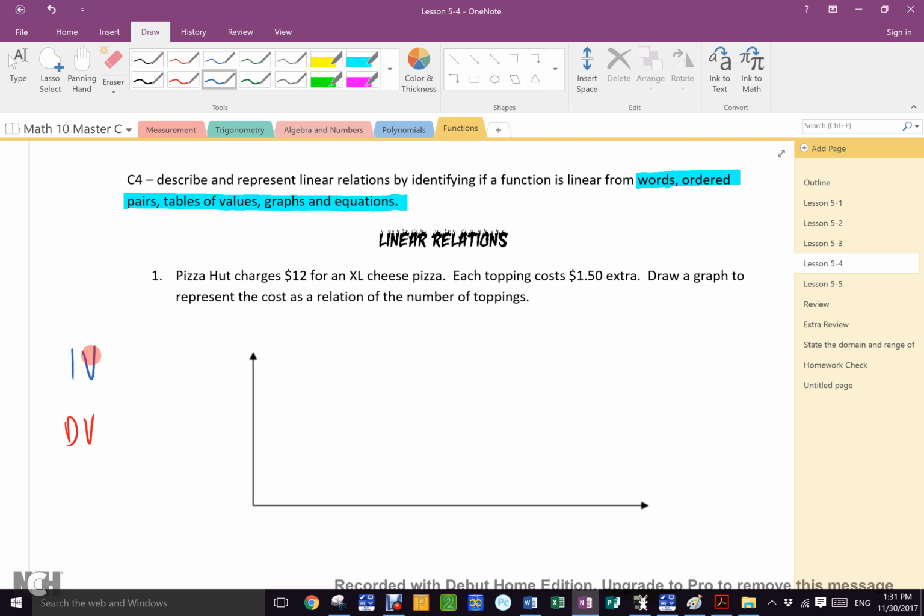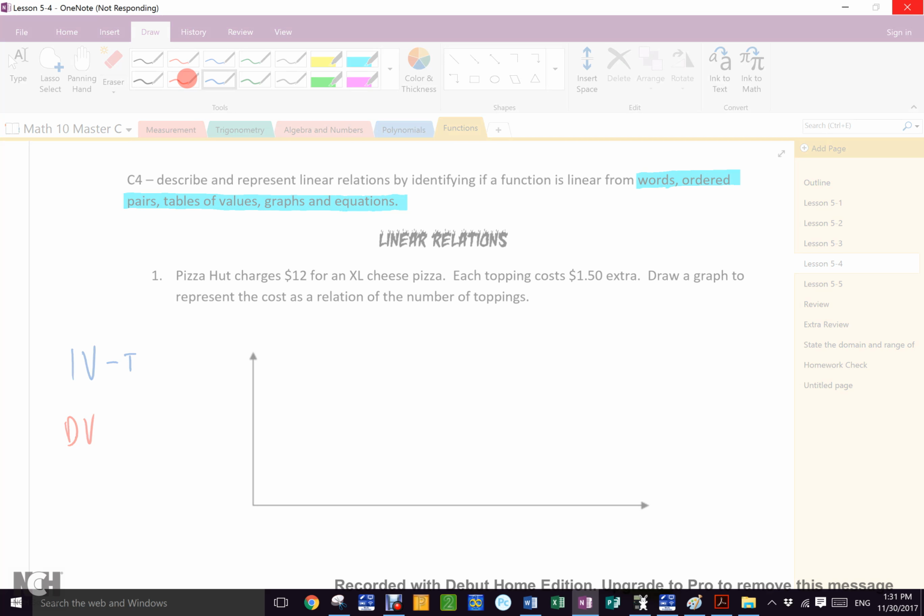You explained it. The independent variable is the toppings. Why, Brianna? Yes. Because cost depends on the toppings. So my dependent variable is cost. That's awesome that happened that way.